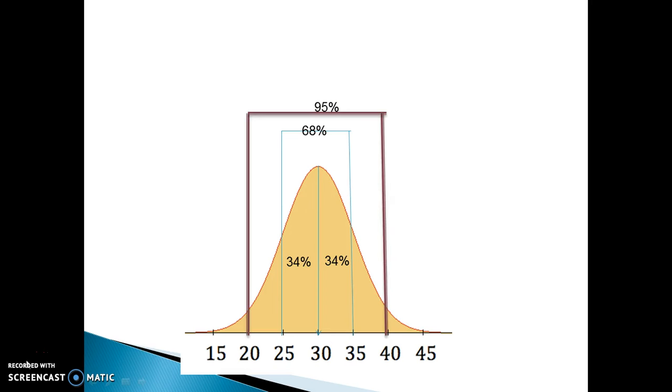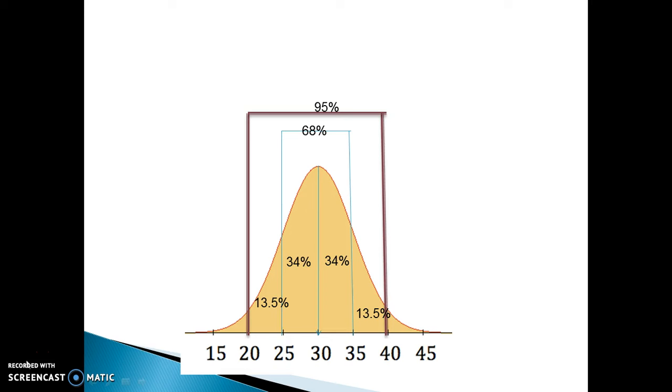Next, we know that 95% of our data falls within 2 standard deviations of the mean. So we're going to go up to 20 and 40 and connect those, and that makes 95% of our data. Now, if I know that 68 is in the middle, how much would these little sections be? Well, I could just merely do 95 minus 68 and divide by 2, and I get 13.5.